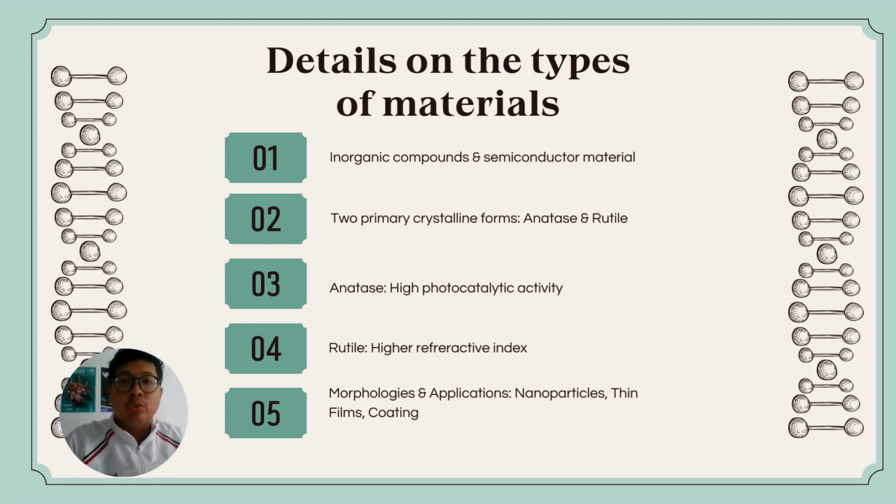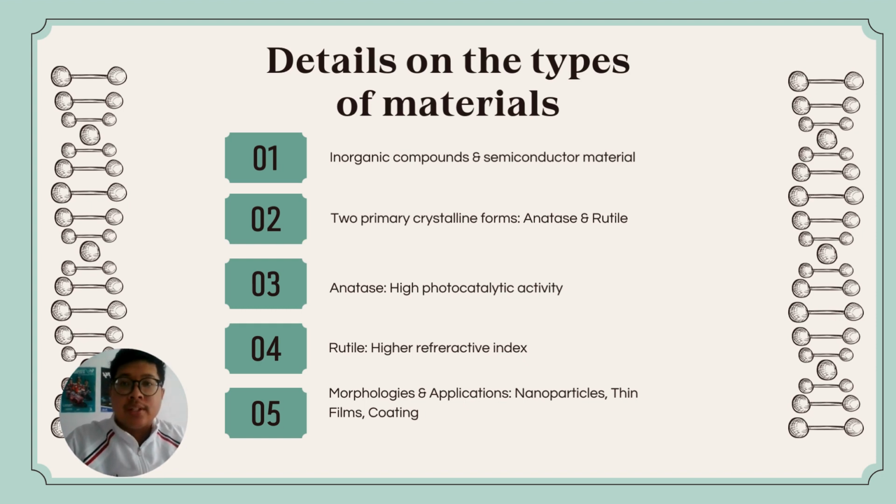There are two primary crystalline forms distinguished by their crystal structures and properties, which are anatase and rutile. As for anatase, it has high photocatalytic activity, making it effective in generating reactive oxygen species, ROS, under UV light.